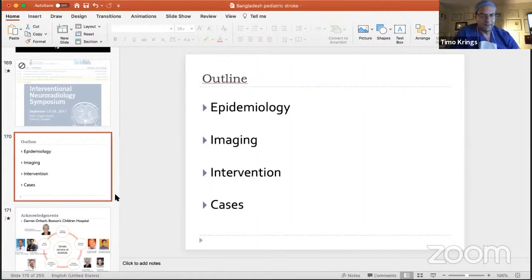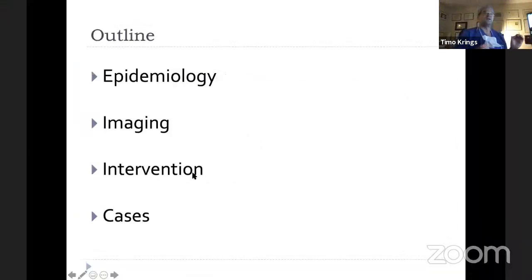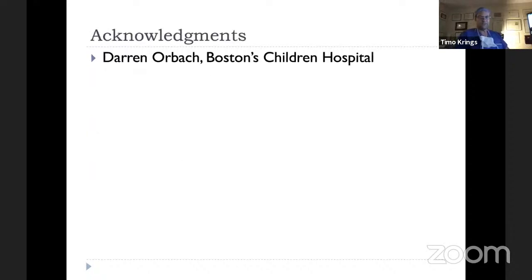Rather than going into the hemorrhagic stroke, I would like to briefly talk about intervention in pediatric stroke. And if there is still time, I will go into some cases.